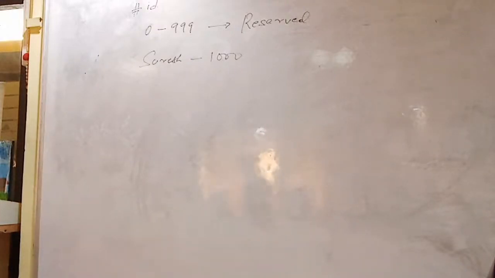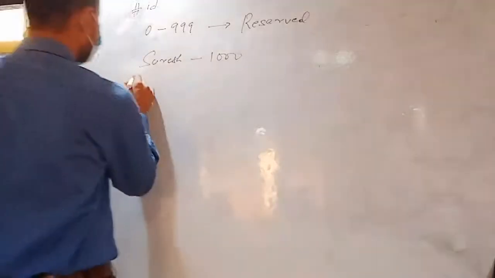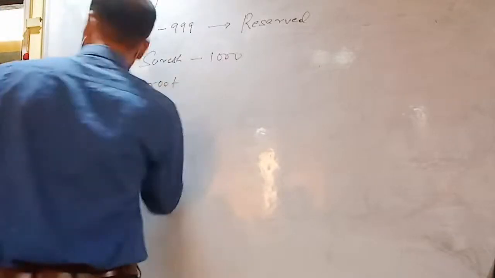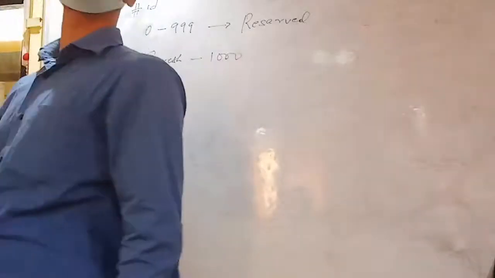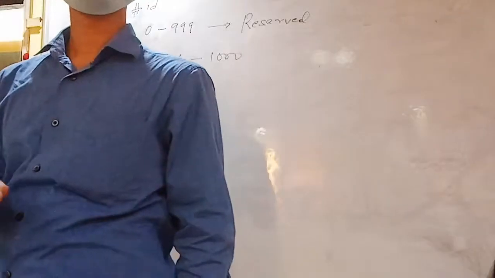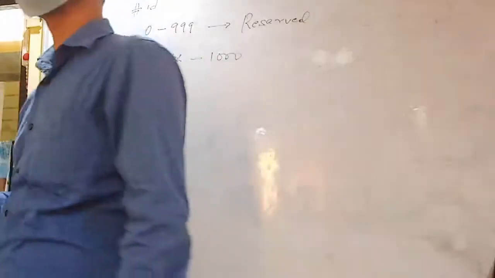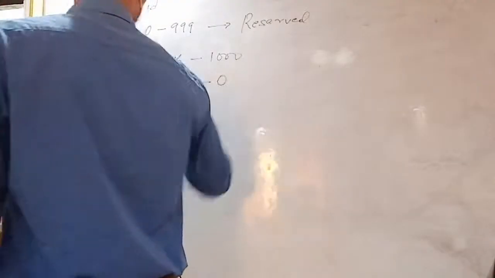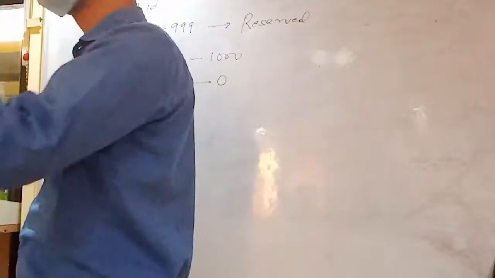If you would like to see all user IDs, for example, the superuser name is root. This is the very first user of your system, and its ID is 0. First user means first value.